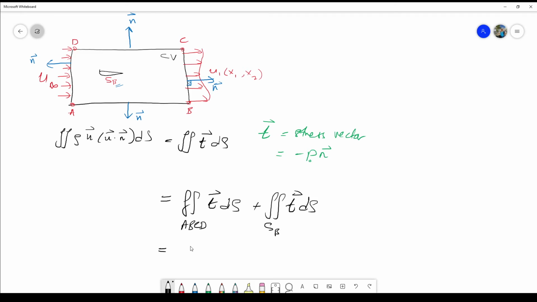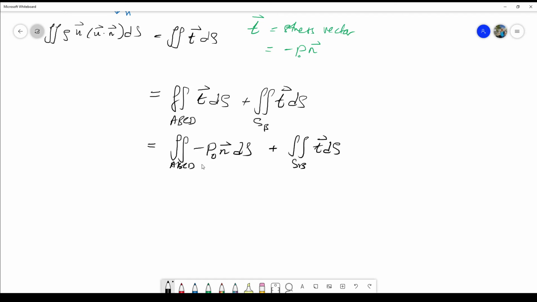So in this case, for the surface integral over the control surfaces, the term T can be substituted by the pressure and the unit normal multiplied by the control surface of each control surface A, B, C, D, and then added with the contribution from the forces acting on the surface of the wing.